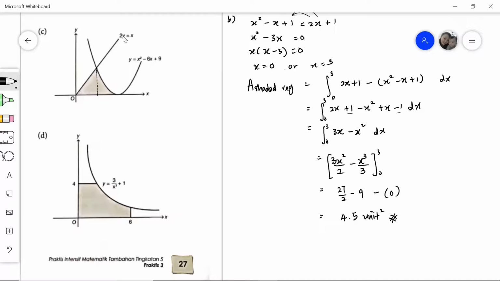These two parts we can actually add together: this is the straight line region, and the area below the curve. So this one we have to add. In the previous two questions we minus, this one we add.